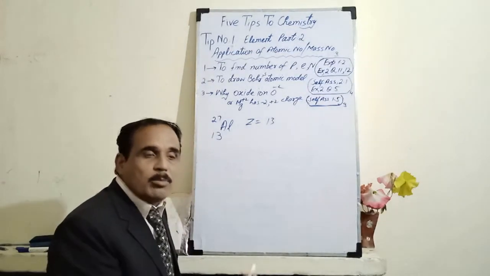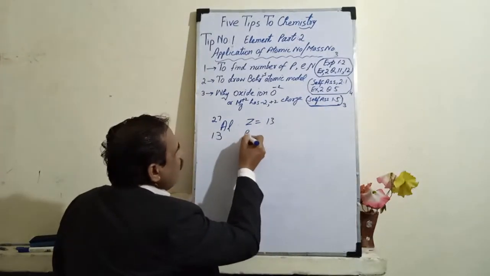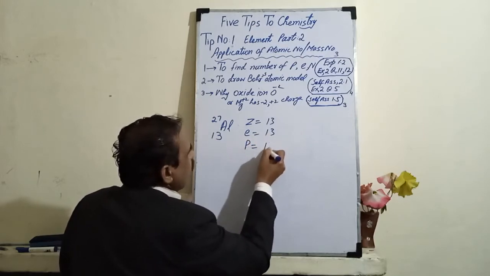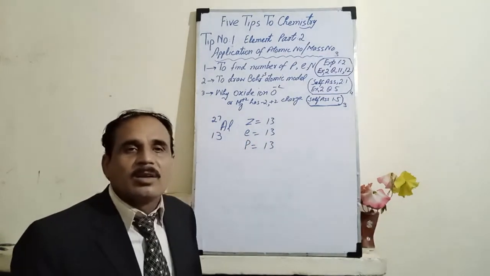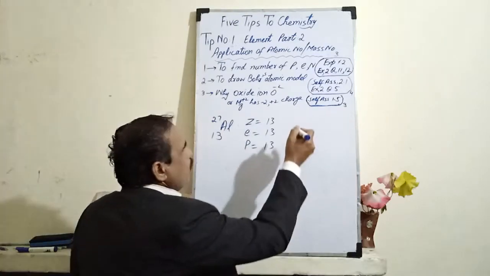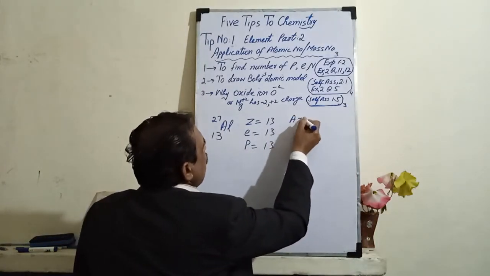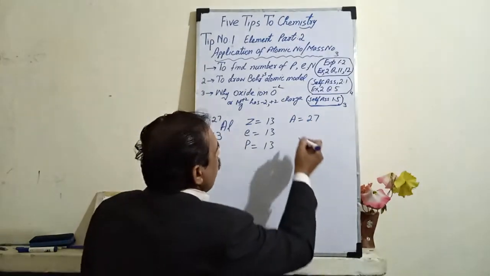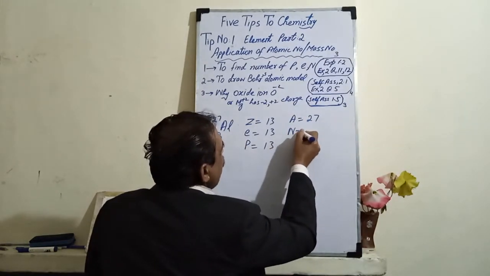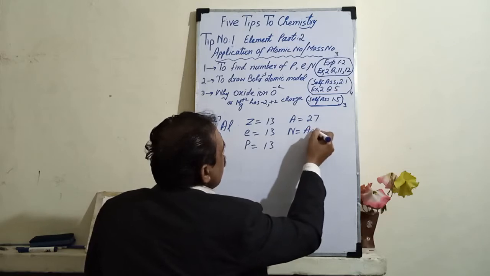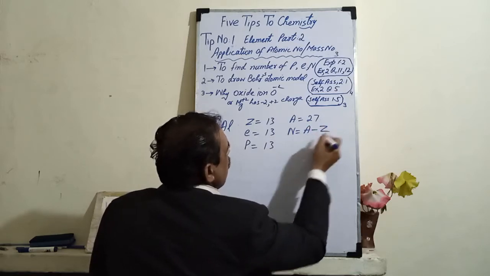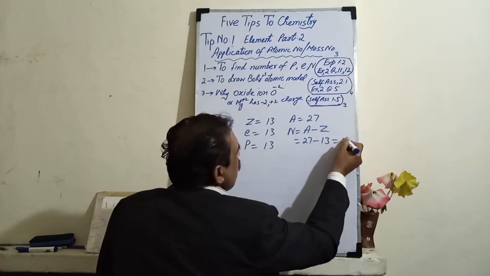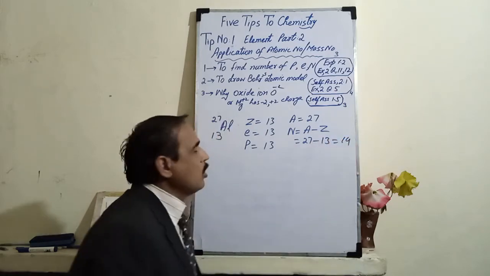Atomic number 13 means number of electrons 13, number of protons 13. The second one is mass number. Mass number is 27. You can find number of neutrons, mass number minus atomic number. So 27 minus 13 is equal to 14.